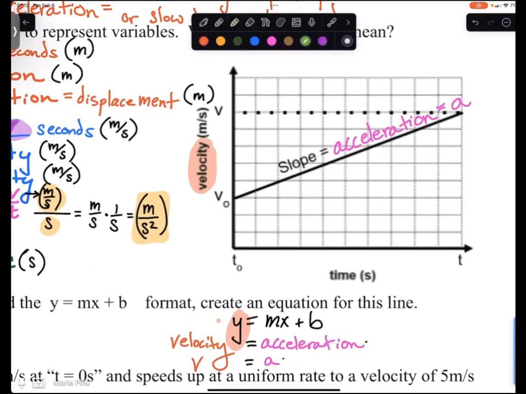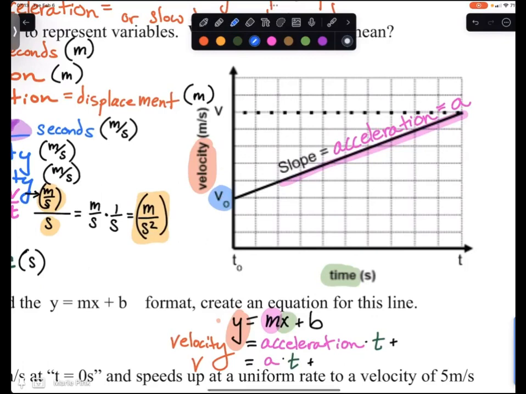And our x variable here is going to be the thing in front of the parentheses on the x-axis, and that will be time. And now, last but not least, we need plus our y-intercept. Well, our y-intercept is our starting velocity, so that goes right here.